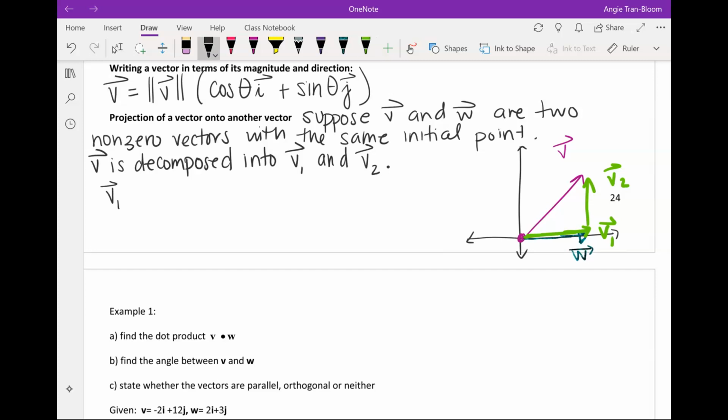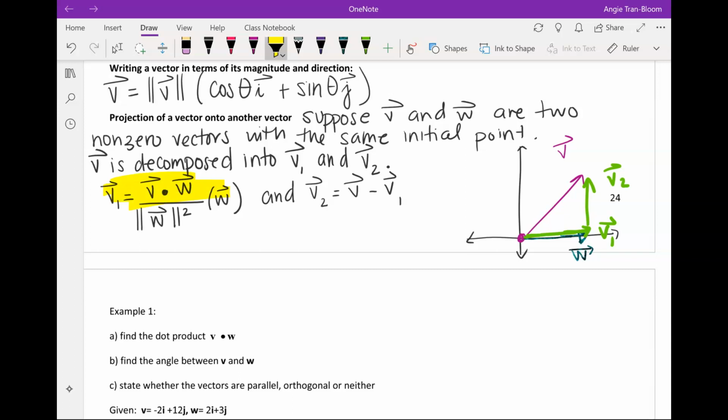Again, don't copy it out. v1 is the dot product of the original v and w divided by the magnitude of w squared, times vector w. I know, so intense. And once you get v1, v2 is simply v minus v1. Okay, so don't copy. That's how we get v1 using w.